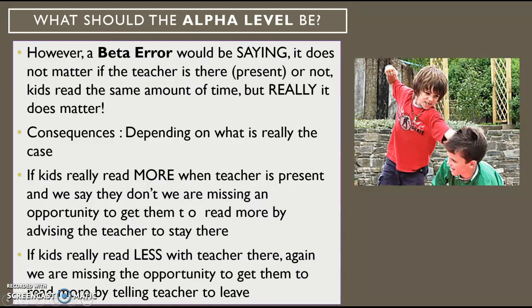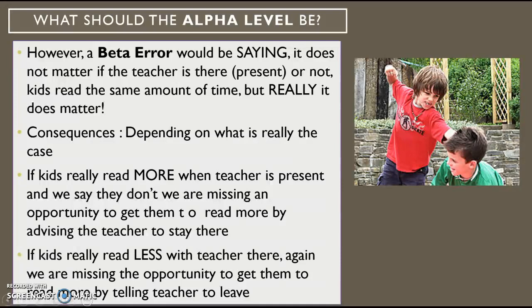But we have to think about what a beta error is before we make that decision. So a beta error would be saying the opposite. It would be saying, it doesn't matter whether the teacher is there or not. The kids don't read any longer whether she's there or not. But it is really true that they do read longer when the teacher's there or when she's not. We haven't found that out yet. We just know that her status might affect how long they read.